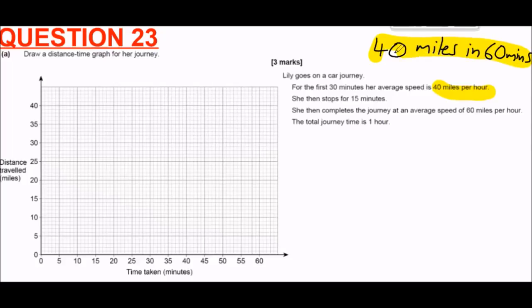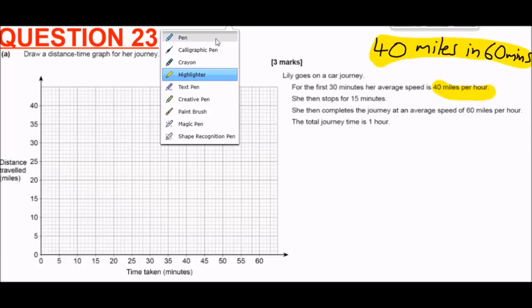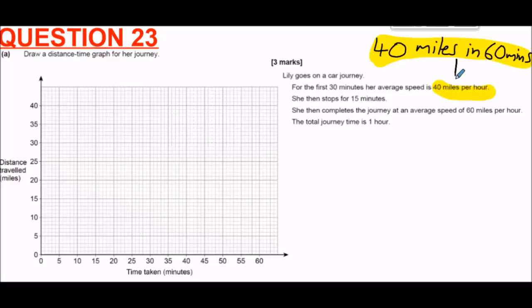But of course, according to this question, she's not actually travelling at that speed for an hour. She's only doing 30 minutes at that speed. So if she would do 40 miles in 60 minutes, but she's only travelling at that particular speed for 30 minutes, then she's not travelling at 40 miles per hour for the full hour.